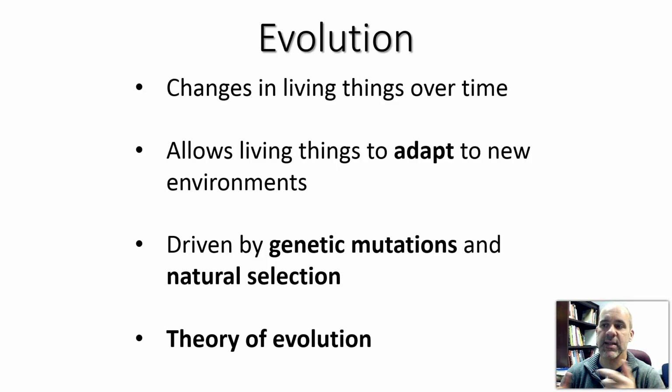But in science, the word theory refers to a scientific explanation that is very well documented. There's a lot of experimental evidence and data backing it up. So theory in science does not mean a casual, everyday opinion.